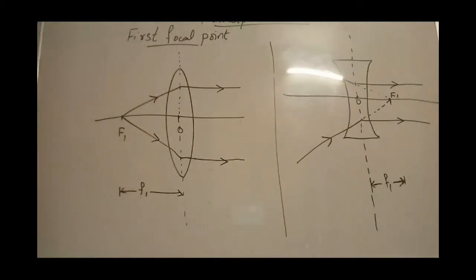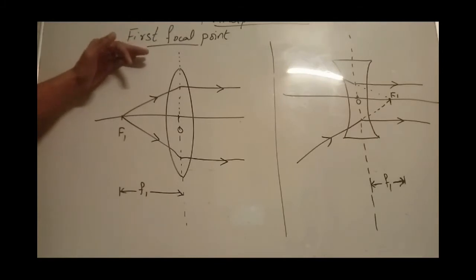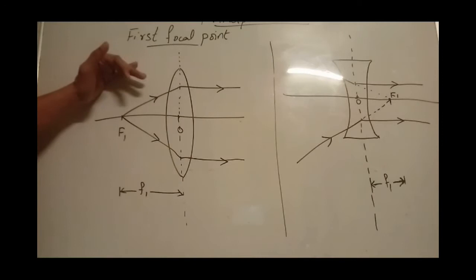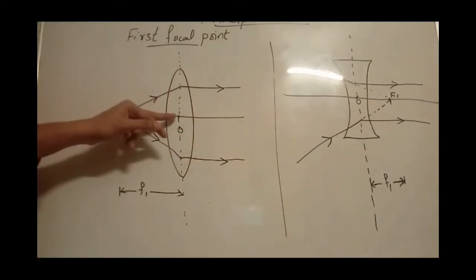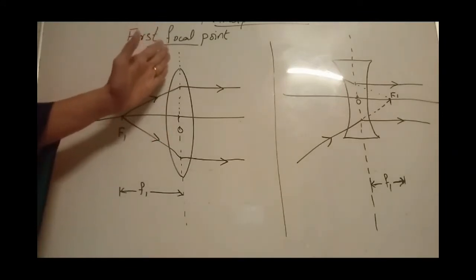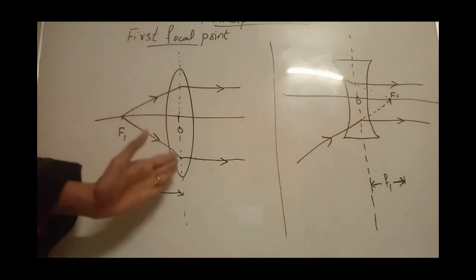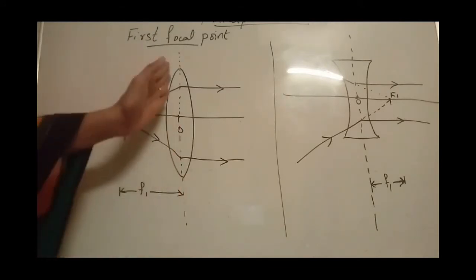Here first we'll see the first principal focal point of a convex lens. I have shown a convex lens here, and the optic center O is marked, and there is a reference line going through the point O in a vertical manner.